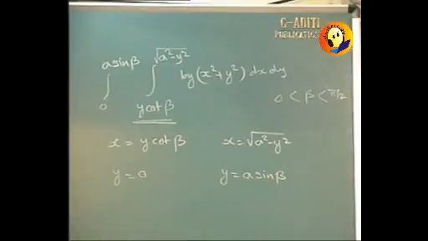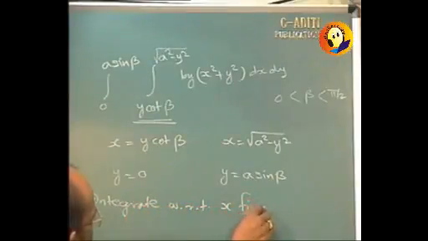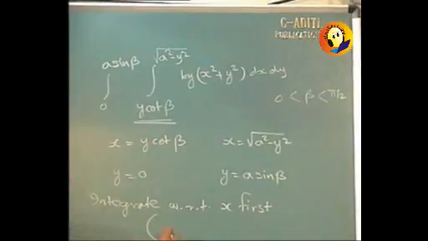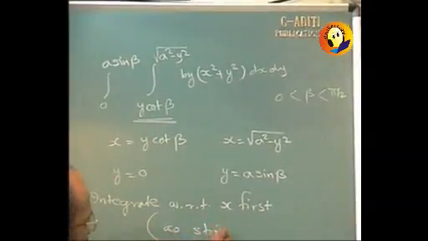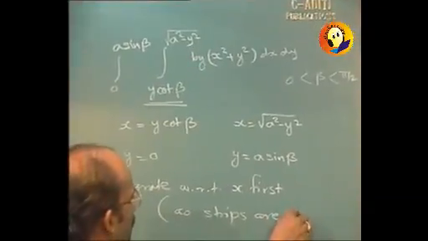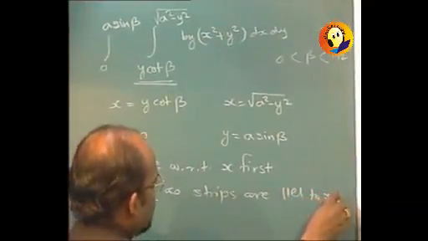Now when we consider these four curves, we understand that as the inner limits are in terms of y, which are values of x, we should be integrating with respect to x first, into bracket, as strips are parallel to x-axis.